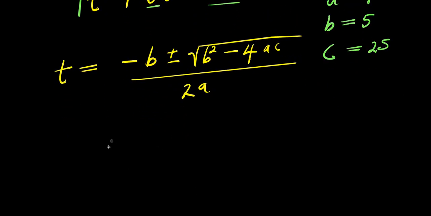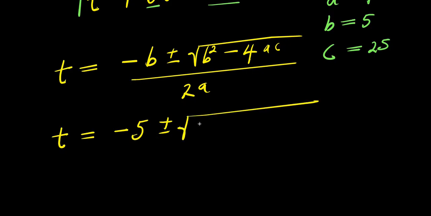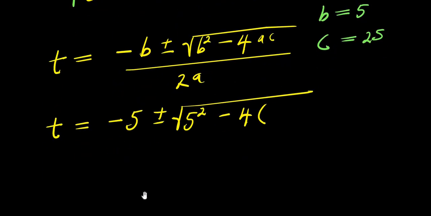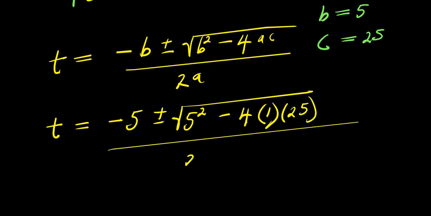So from here, I will simply have t equals negative b, that is negative 5, plus or minus square root of b squared, that is 5 squared, minus 4 times a, we have a is 1, times c is 25, and this is divided by 2 times a, that is 2 times 1.